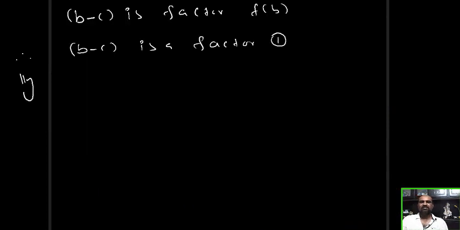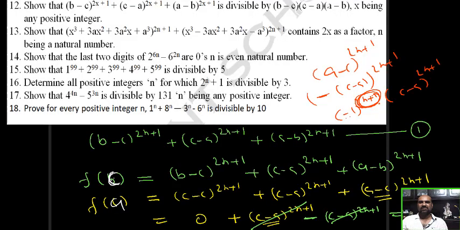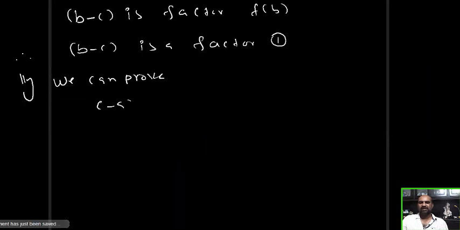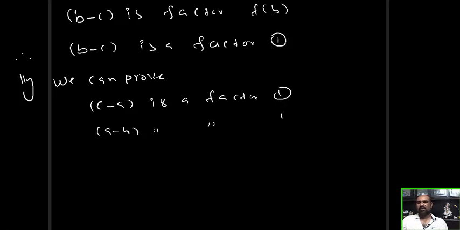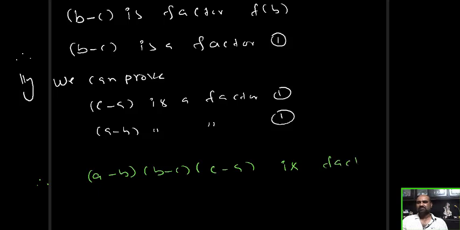Similarly, we can prove a minus b is a factor of 1. Therefore, a minus b into b minus c into c minus a is a factor of 1.